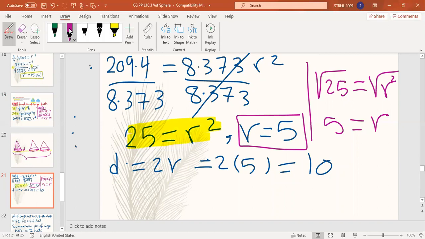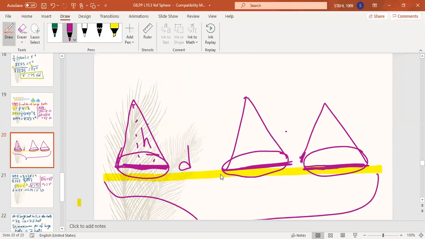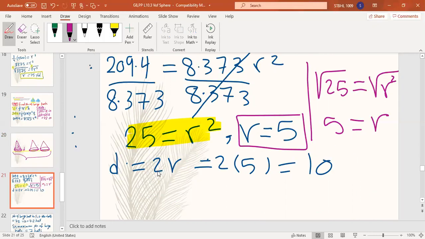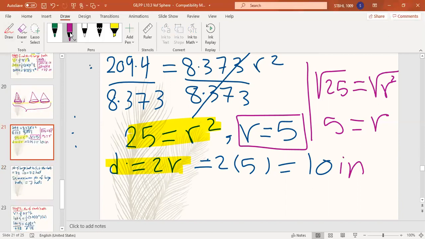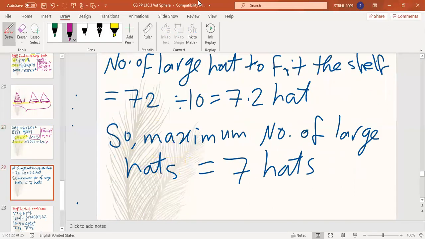And we need to figure out how many hats can fit the shelf. Sorry, I need to find the diameter, not the radius. And the diameter always equals 2 times radius. So D equals 2 times 5 equals 10 inches. Okay, and now we found the diameter of each hat. We need to find how many large hats will fit the shelf.